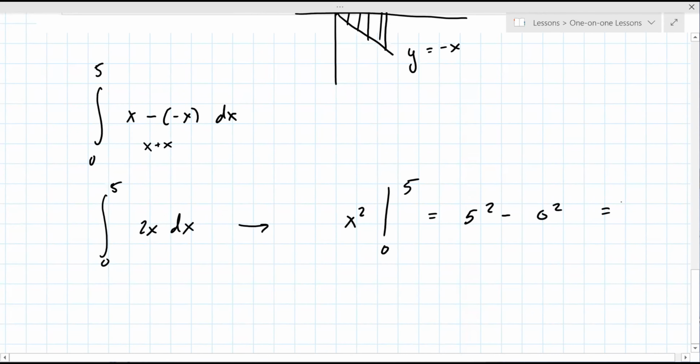So just 25 for that. Entering that now. Any questions on that before moving on to 3? No. Okay, moving on to 3.